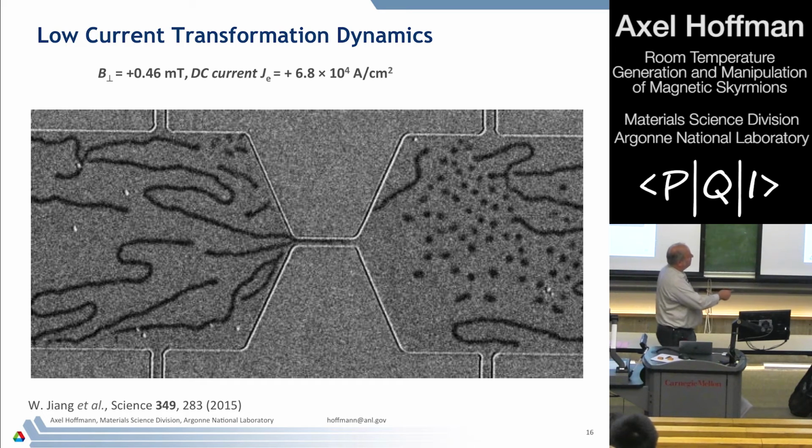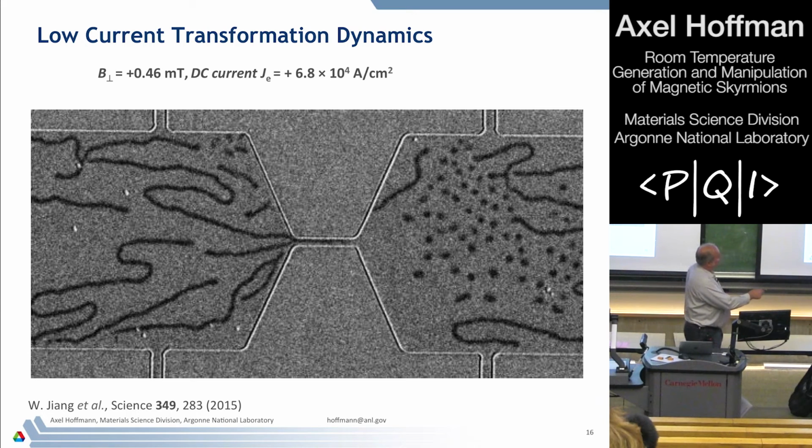And now what we can do is we can pass a current such that the electrons move from left to right. That also pushes the magnetic domain structures from left to right. And what you will see is that these extended stripes get pushed through this constriction, and you end up with new magnetic bubbles showing up on the right-hand side. So you see this here, on occasion. There's a constant current that is applied here.